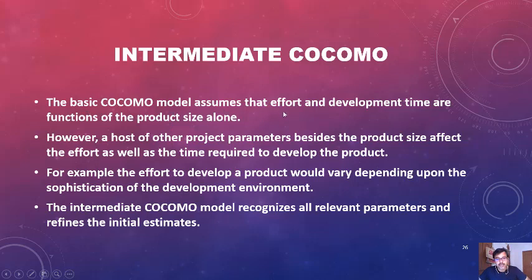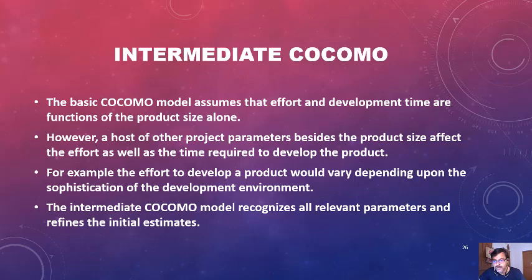If you write a = a + b, this is one type of complexity, and if you write a = whole to the power 2 into 3 into e divided by cos theta tan theta, that is another type of complexity. These types of complex programs are not accounted for in the basic COCOMO model. So the effort to develop a product would vary depending upon the sophistication of the development environment.